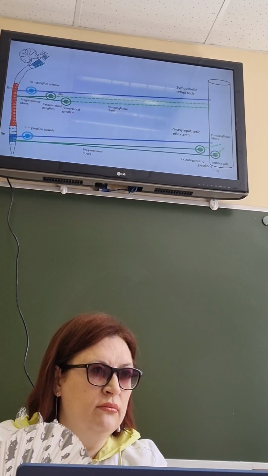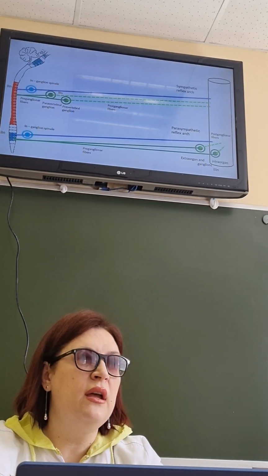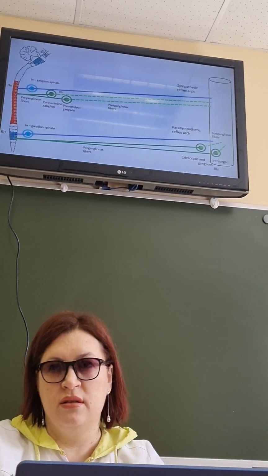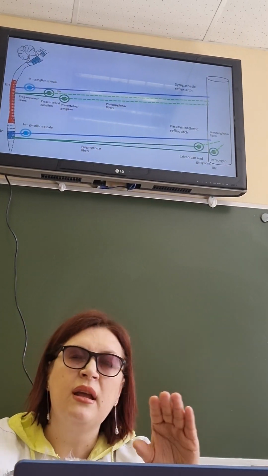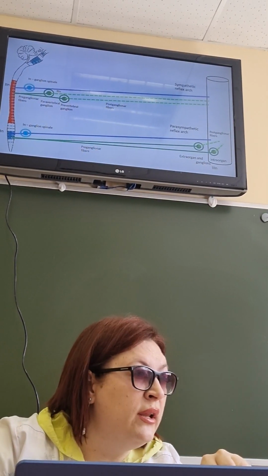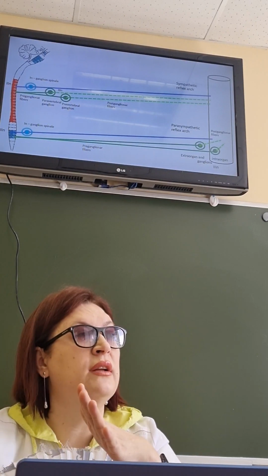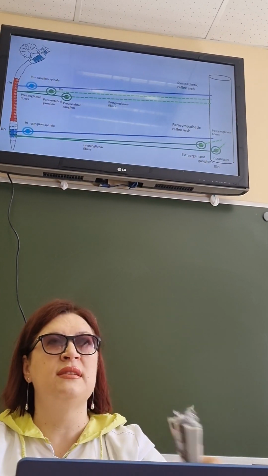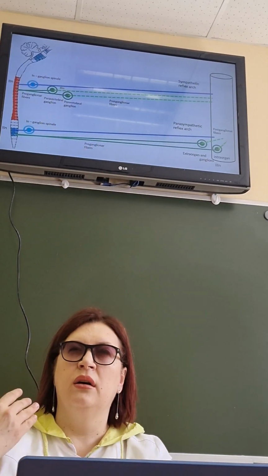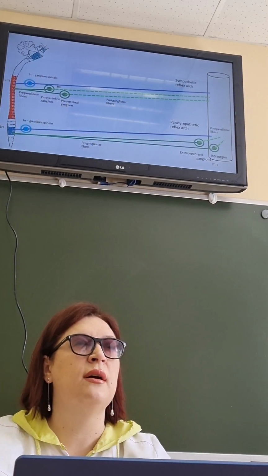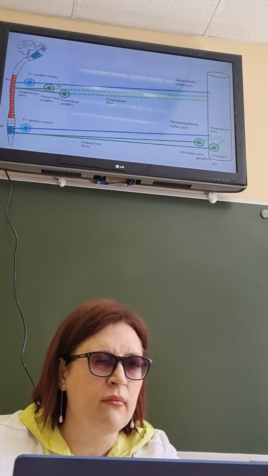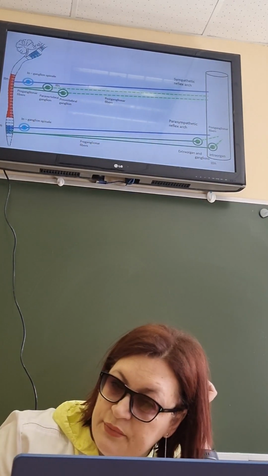Intra-organ ganglia are parts of the intramural nerve plexus. Each organ has an intramural plexus: under the mucous membrane, inside the muscular layer, and under the serous membrane or adventitia. Submucous nerve plexus, muscular plexus, and serous or adventitia plexus.